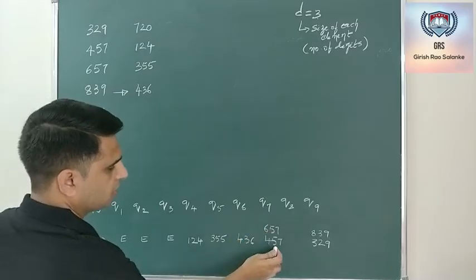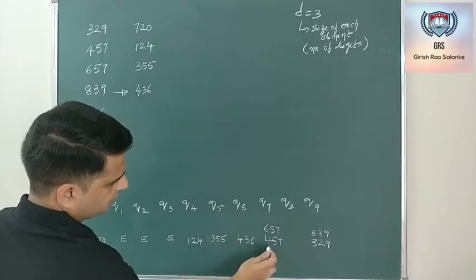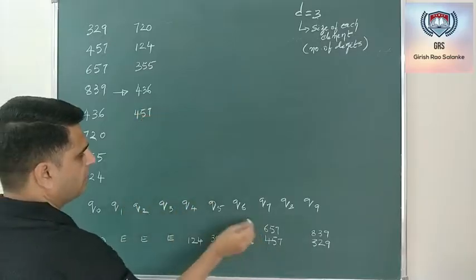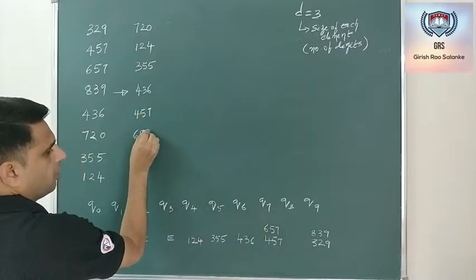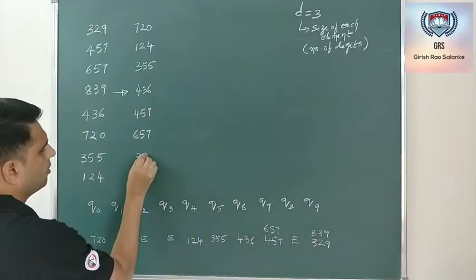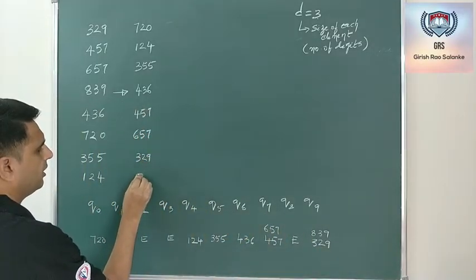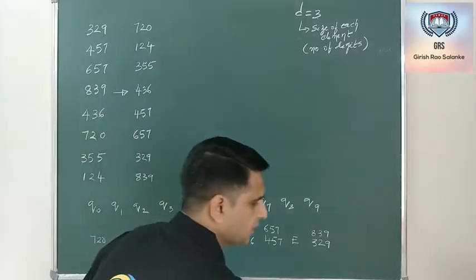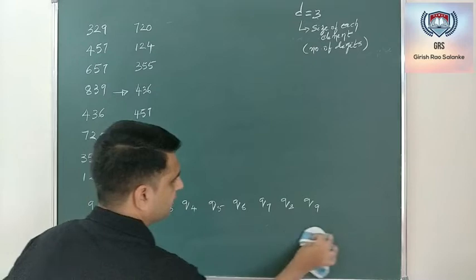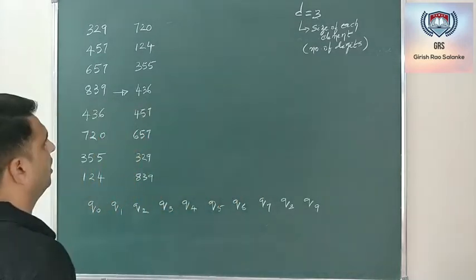Now out of these two, the first one that was inserted was 457. It is 457 first, followed by 657. Next, this was empty. Now this is 329. And then 839. So this was with respect to d with a value of 1, when I considered the element in the unit place.